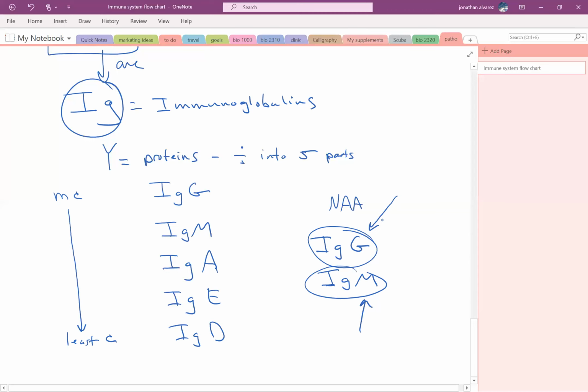If IgG comes back positive, that means you had it. If IgM comes back positive, that means you currently have it.